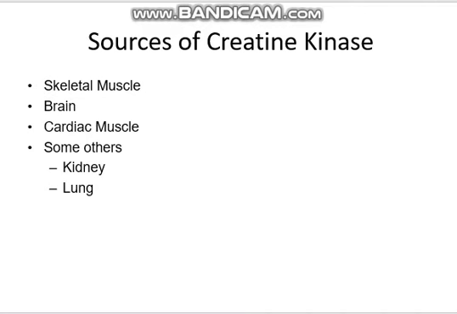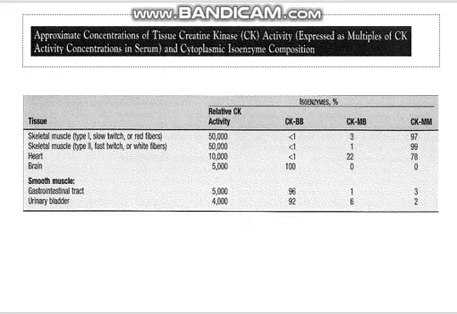I already mentioned that they are found in the skeletal muscle, the brain, and the cardiac muscles, but this may also be found in the kidneys and in the lungs. Looking at this table, you can find that the activity of CKBB is primarily in the brain, but CKMB and CKMM can also be found in the heart and the skeletal muscles, although it's very limited for CKMB in skeletal muscles.